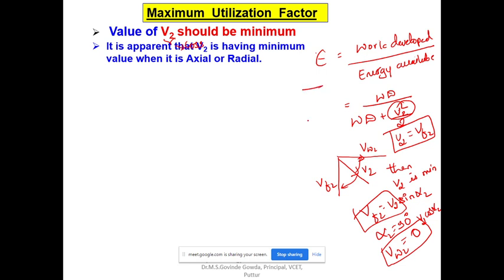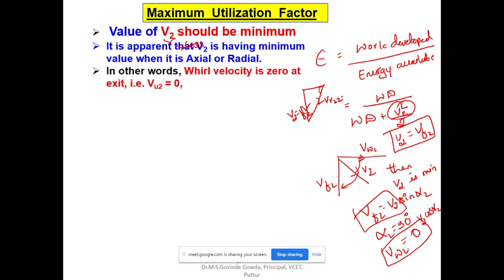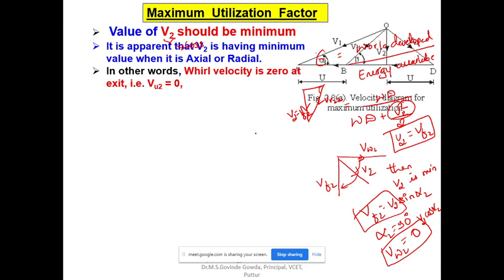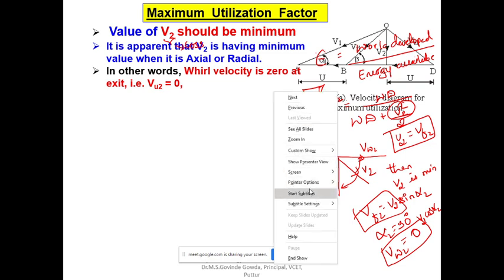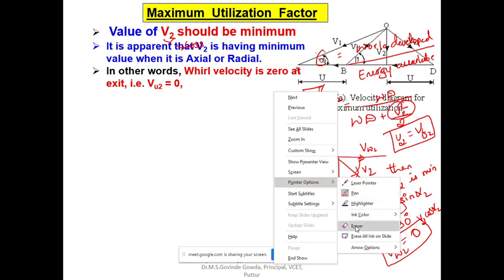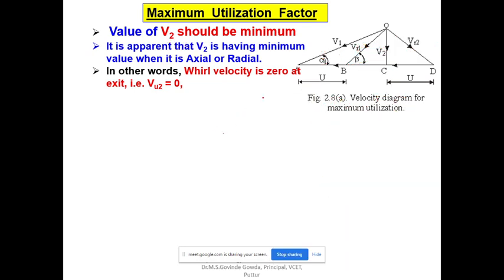At that time the velocity triangles look like this. This is V2 equal to VF2, and this will be only the VR2. In other words, the whirl velocity is 0 at exit. This is how the velocity triangle looks like.